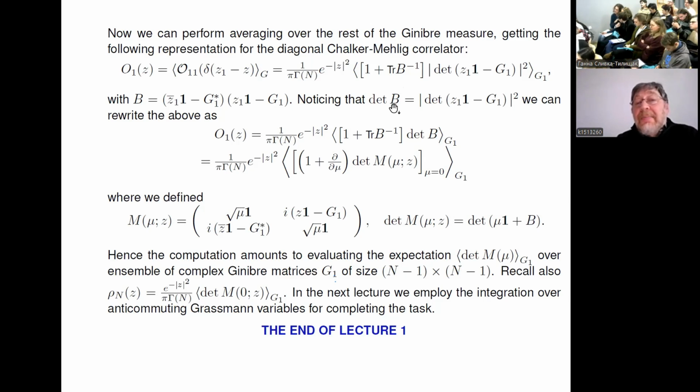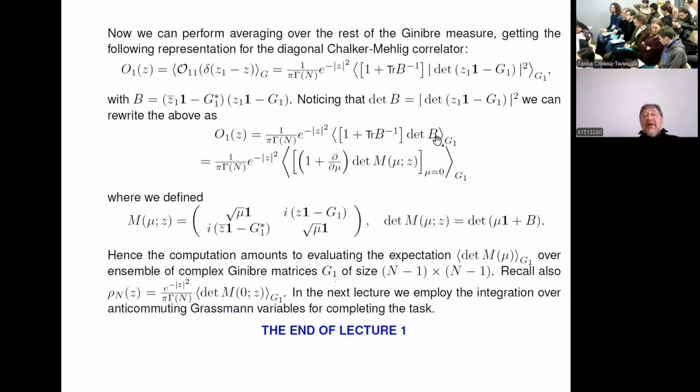Now, noticing that the determinant of the matrix B, this was the matrix B defined, is exactly the modulus square of the characteristic polynomial, we then can rewrite this expected value only in terms of matrix B, and this is just this expression.